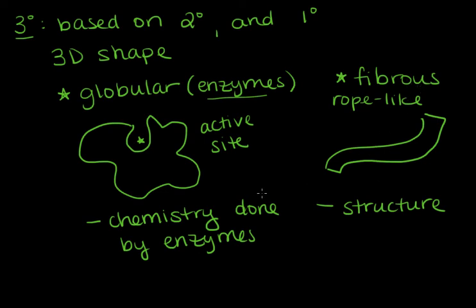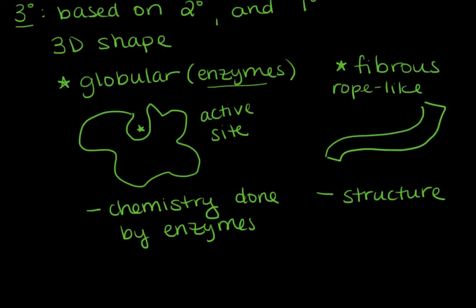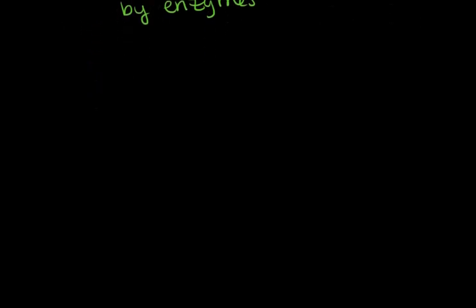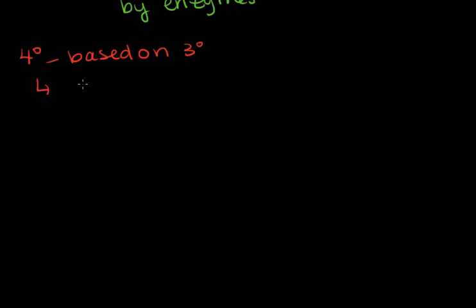Okay, and then the final level is quaternary. And this, as you would predict, is based on tertiary, which is based on secondary, which is based on primary. And so what this is, interactions of more than one, so at least two, 3D protein.